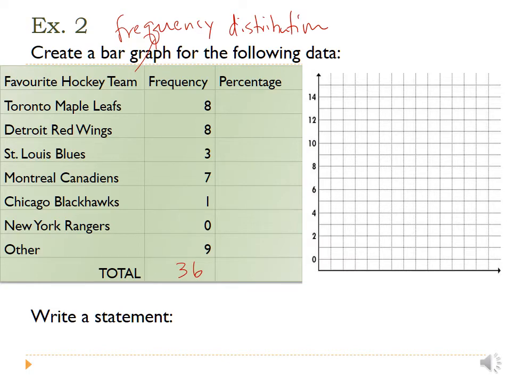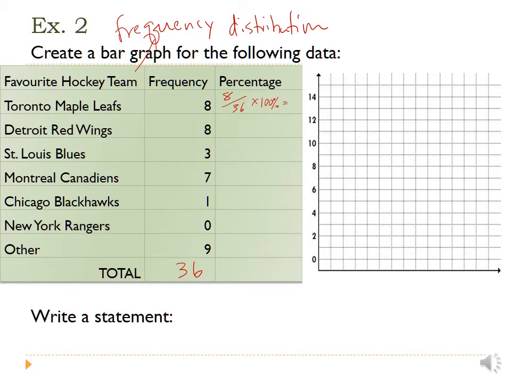And then percentage. How do we find a percentage? You want to take your frequency, 8, and then you're going to divide, just like you're finding your percentage on a test. So take our frequency, divide by the total, 36, and the maximum percent you can get, 100, times 100.